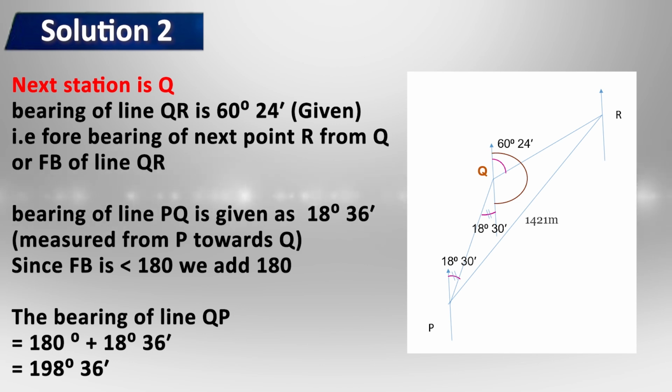Since the forebearing of the previous line is less than 180 degrees, we need to add 180 to it. So the back bearing of line PQ would be 180 degrees plus 18 degrees 36 minutes, which is equal to 198 degrees 36 minutes. So the bearing of the previous line QP would be 198 degrees 36 minutes.